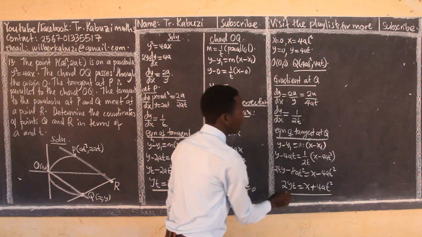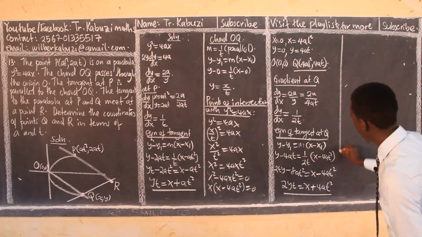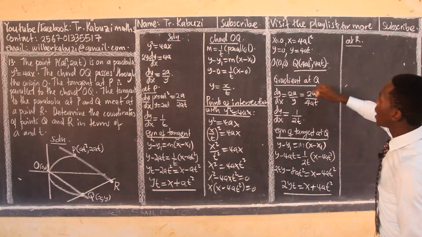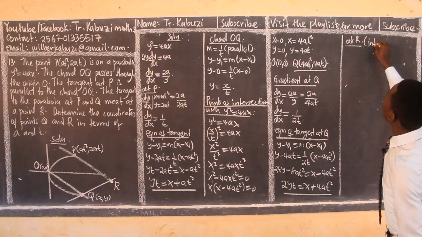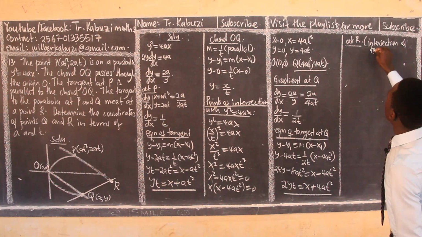Now this is the equation of the tangent. So at R, these two are meeting, the intersection of tangents.